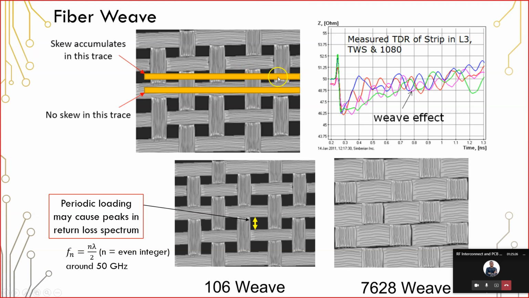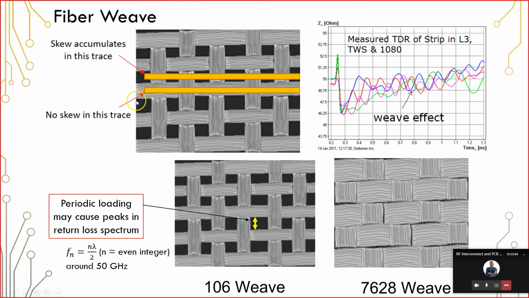And it is true, there is a lot of impedance variation along this trace. When you have impedance variation, you also have propagation constant variation, meaning you have velocity variation along this trace. That's why you get skew in the differential signal between these two traces.